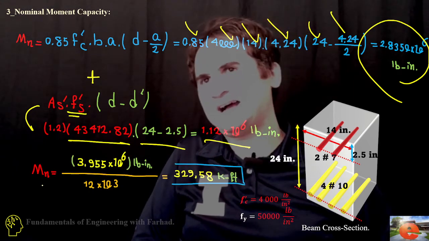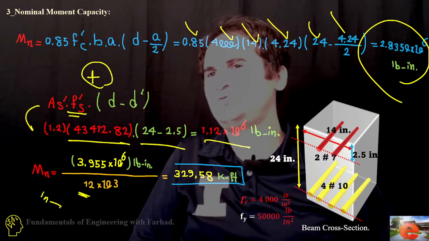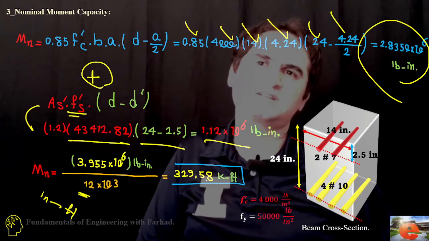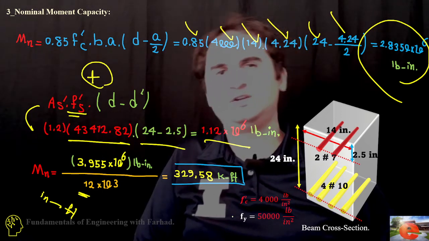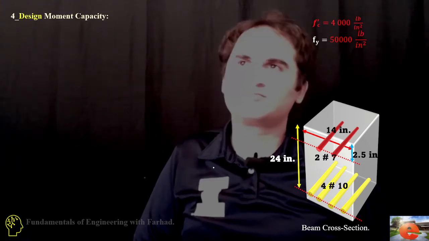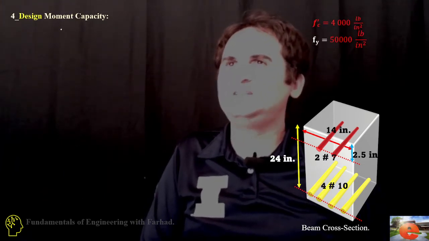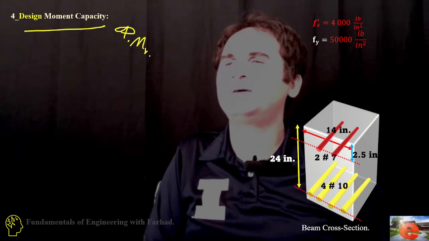If we add them up together and divide by 12 inches to feet, it gives us 329.58 kip-feet. Then we need to go for the design moment capacity, which is phi times Mn.